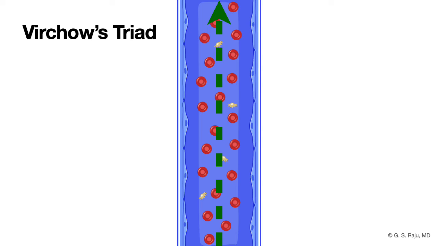Disturbances in any of these three mechanisms can precipitate a thrombus. For the vessel, think about inflammation. Does the patient have any signs of inflammation like diverticulitis, pancreatitis, cholecystitis, appendicitis? Any one of those, you should think, hey, this may be responsible for the thrombosis.